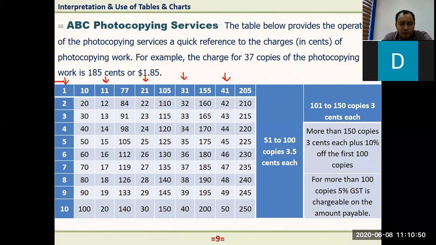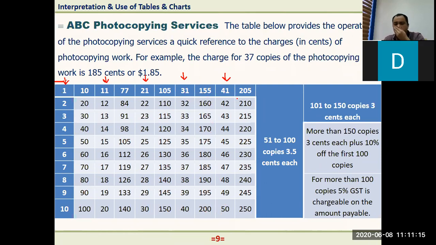If the number of pages is between 31 and 40, they are still charging 5 cents each, so 5 times 40 is 200.